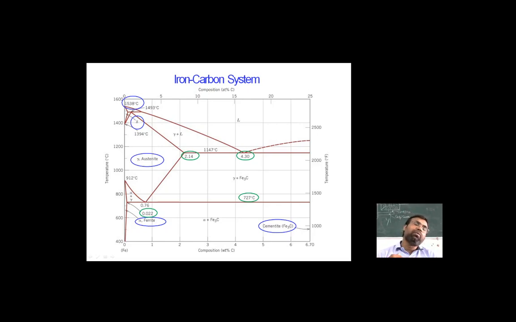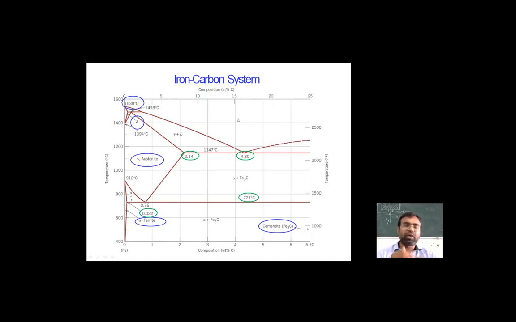And when we move further above, to 1493 degrees centigrade, it again transforms into the BCC structure, the delta ferrite, at a very high temperature, which is not in consideration regarding this particular system.